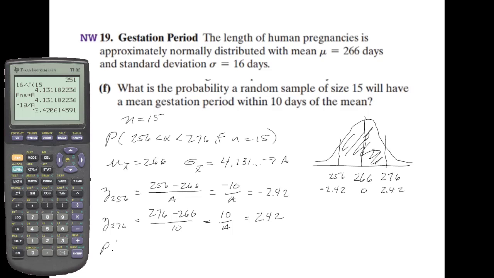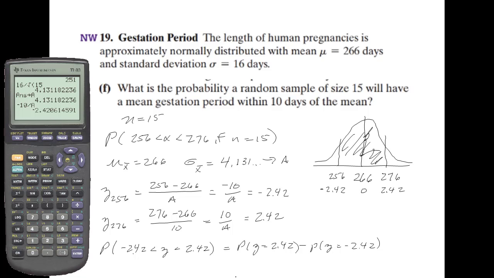So here I'm going to find the probability that negative 2.42 is less than Z is less than 2.42. And that's going to be P of Z less than 2.42 minus P of Z less than negative 2.42.